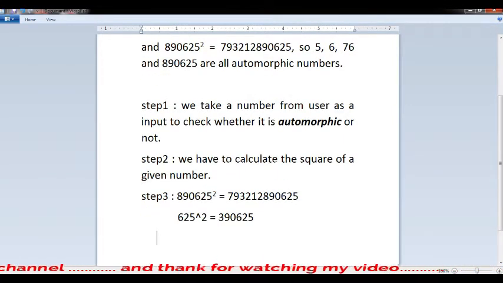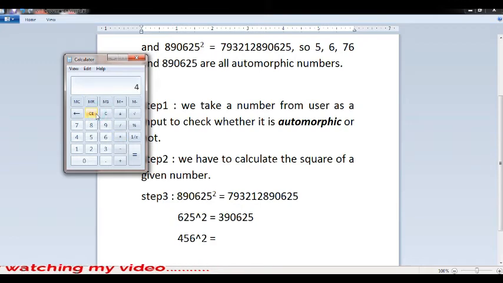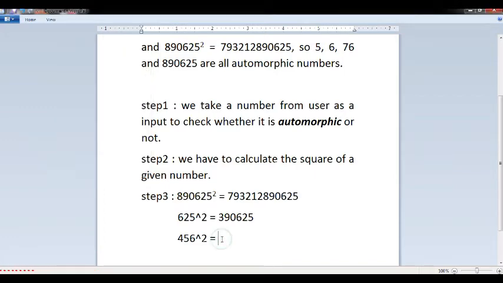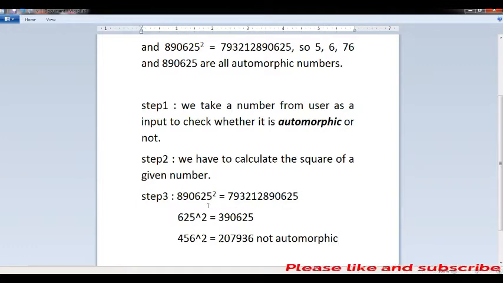We take another example which is not an automorphic number, randomly any example. 456 into 456 is 207936. Here this is not an automorphic number. So in all examples we only check the last digits.